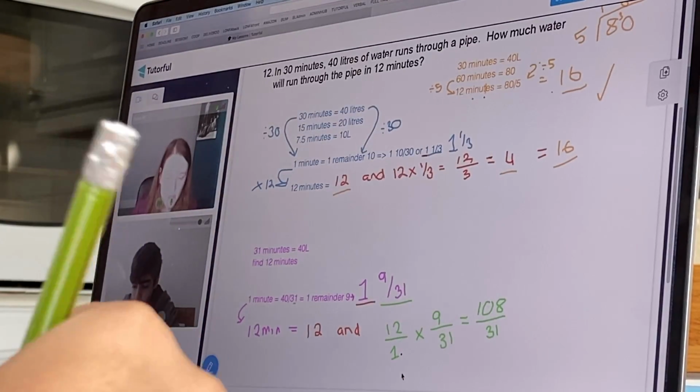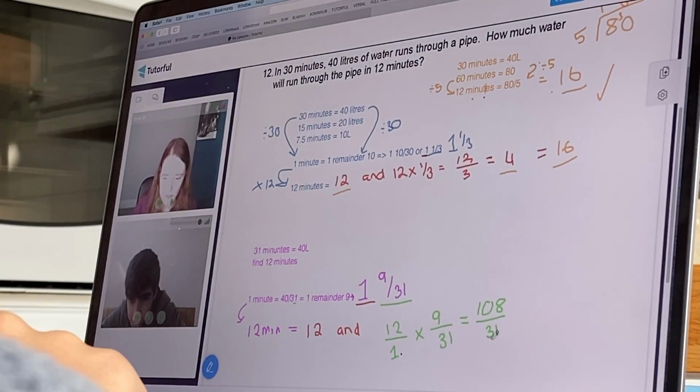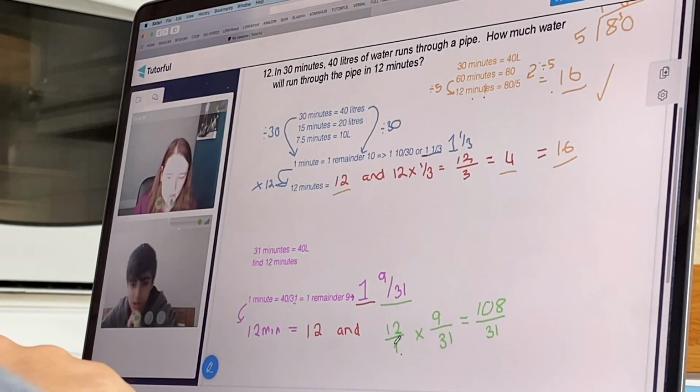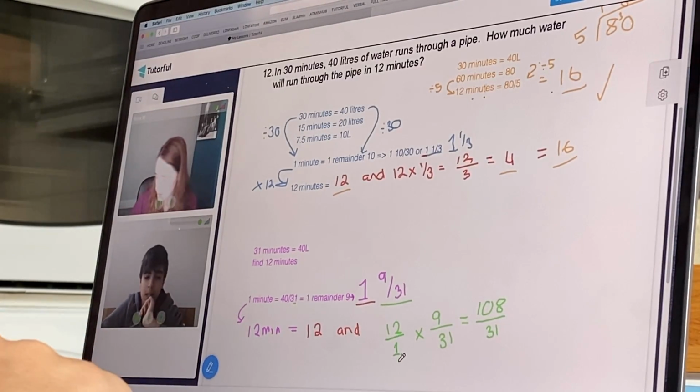I've just written it with the 1 underneath because sometimes when I don't, people don't know what's gone on. So if I just write 12 times 9 times 31, do you know what I mean? With the 1, it helps you visualise that this is 12, and that's how you multiply fractions, just straight across the top, straight across the bottom.